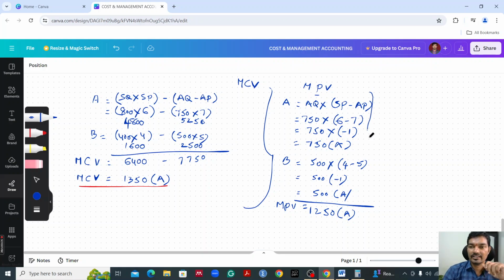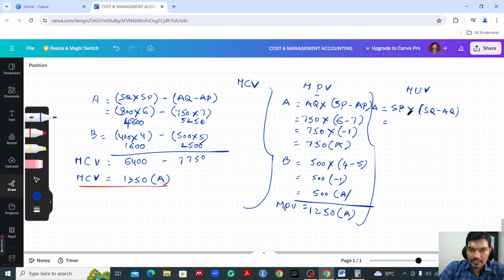So let us calculate MUV, material usage variance. For material A, standard price into standard quantity minus actual quantity.